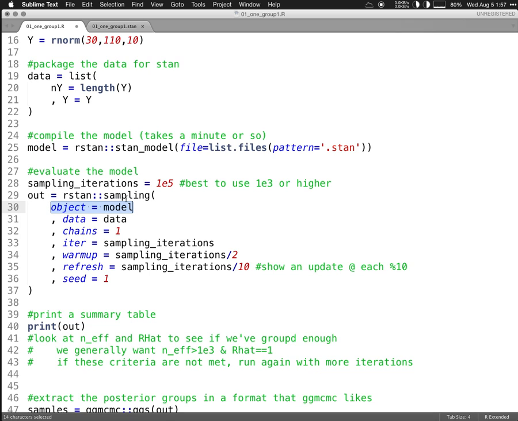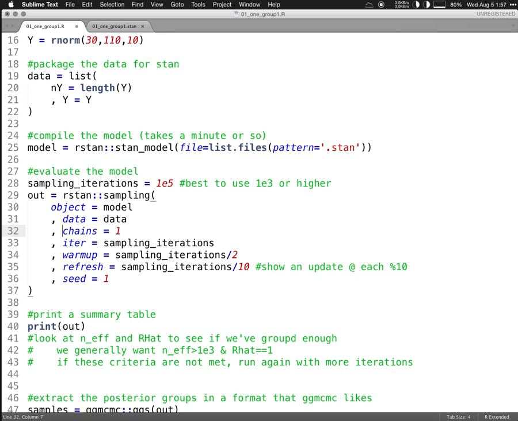The sampling function takes a number of arguments. First is object, which is just the model that we just compiled. Next is data. We packaged the data for Stan into an object called data, so I'll just pass that there.